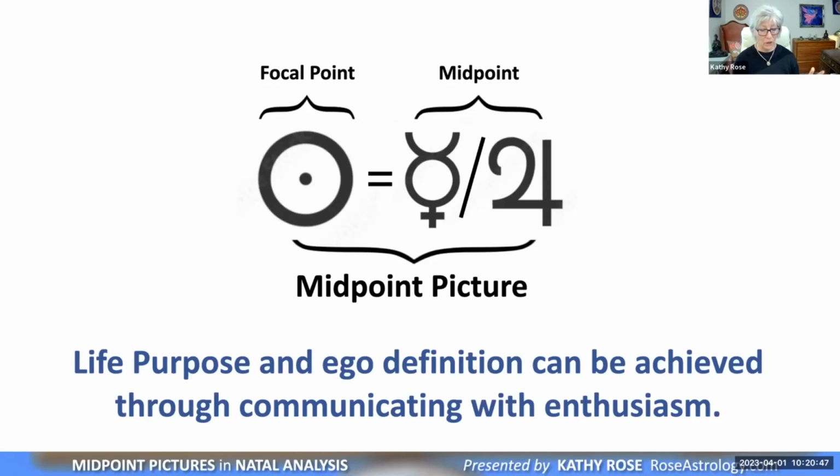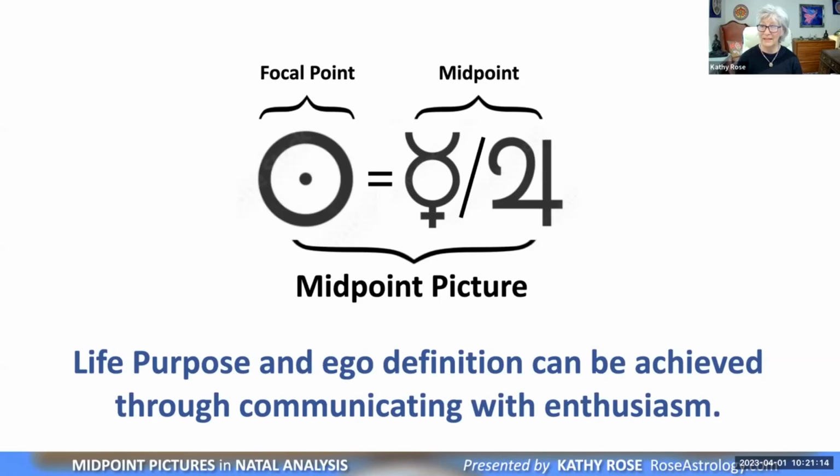Meaning you're going to look on a 90-degree sort, you're going to find what degree and mode the halfway point between Mercury and Jupiter is in that chart. If the natal Sun happens to be in the same degree and mode, which means that Sun could be conjunct, square, or opposite that Jupiter, Mercury midpoint, I'll show you examples of that. Then you get this Sun equals Mercury, Jupiter.